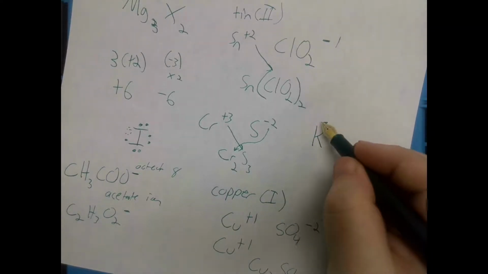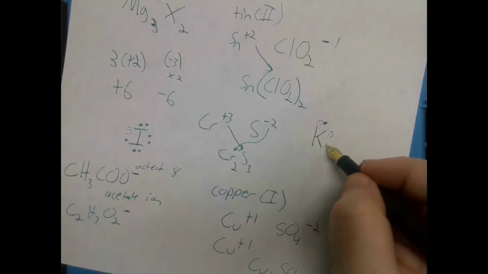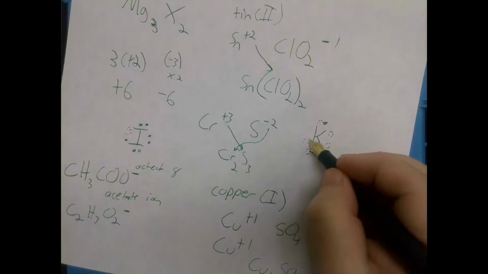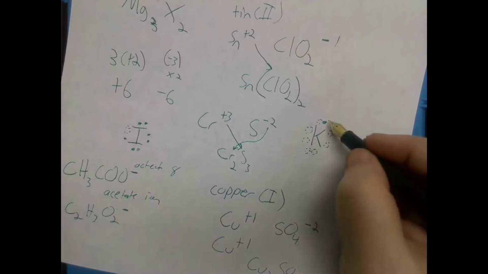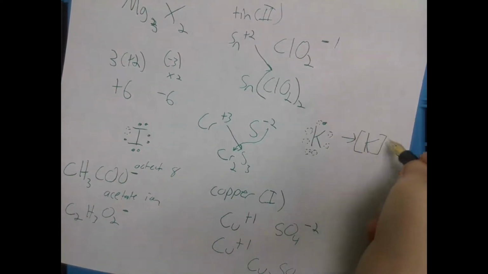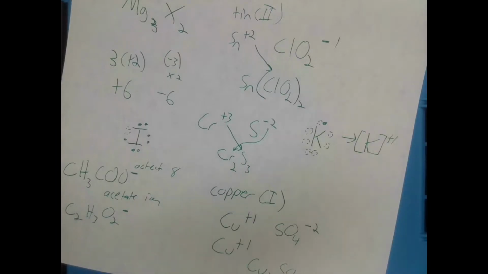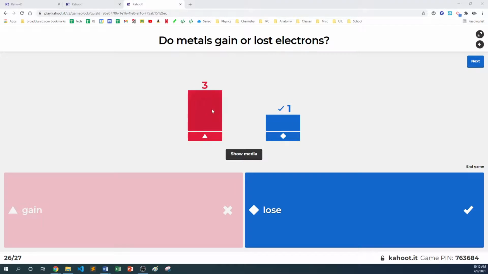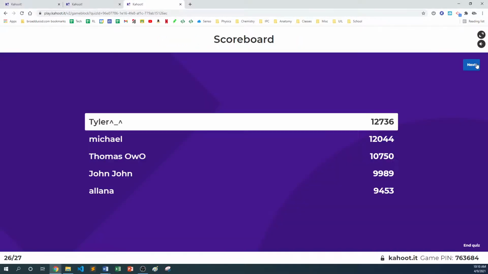Does it want to gain 8, or lose that 1? It wants to lose 1 to become potassium +1. So metals lose electrons. That's why they're able to conduct electricity.